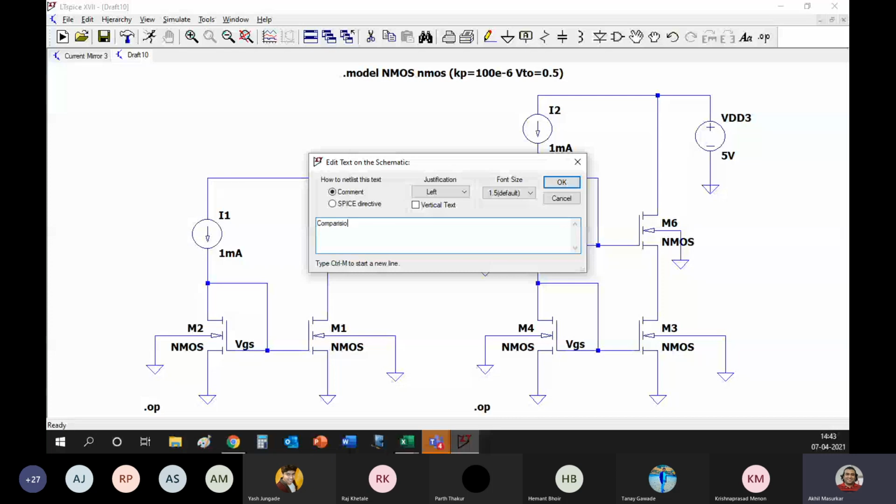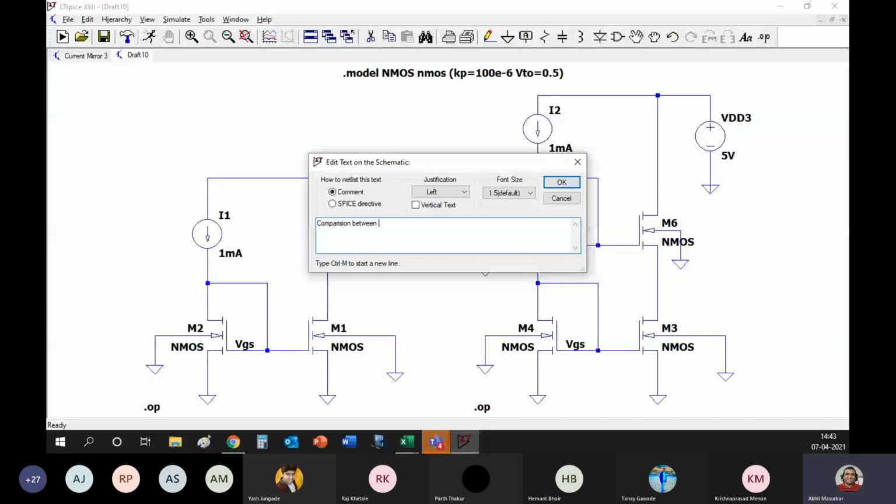Okay, Parth and Shubham have given the answer M3 and M6. No, M3 and M6 are not cascode devices. Only M6 is a cascode device. Okay, only M6 is a cascode device.